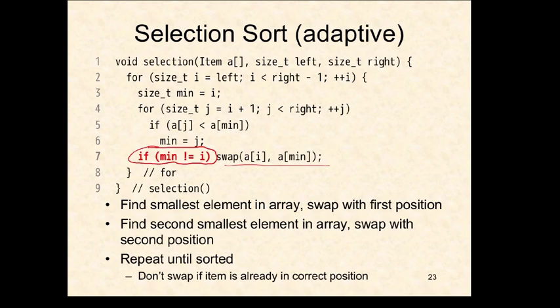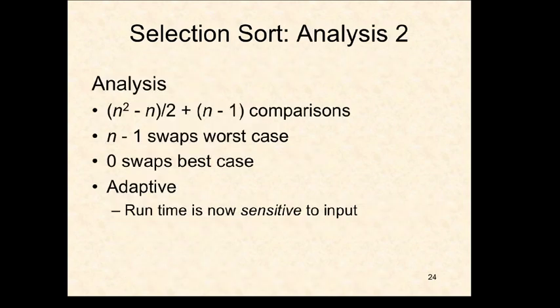So this is the thing that changed: don't do the swap if the item's already in the correct position. So now our number of swaps can go down. So we have made this adaptive. Let's say slightly adaptive.